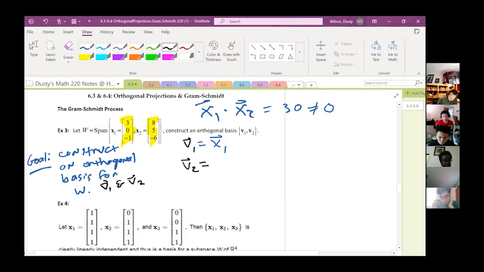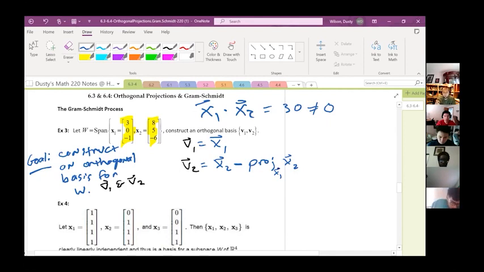So let me write it this way. It's going to be x2, and then we've got to take away the projection of x2 onto x1.